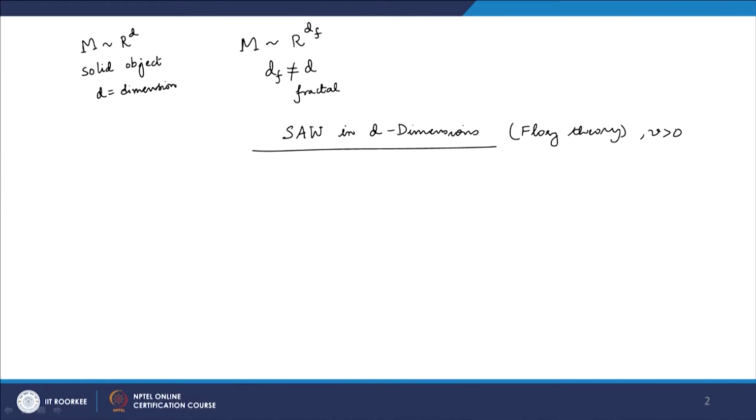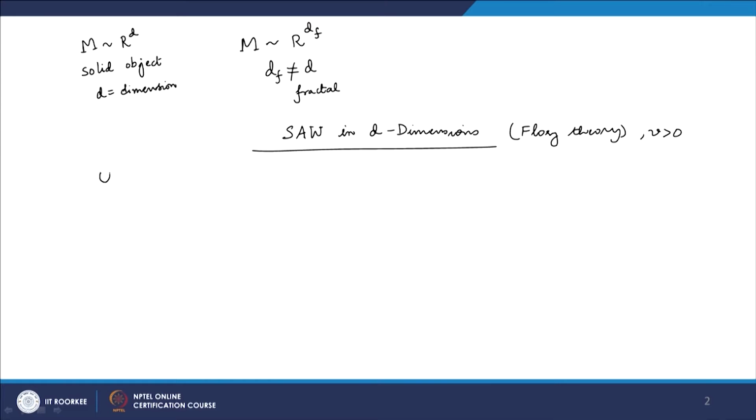Not all theories are of course done by Flory himself, but these basic assumptions are what is referred to as Flory theory in the literature. Let us look at the self-avoiding walk for the case of v higher than 0. If you recall, we look at the competition between the elastic energy and the two body interaction, assuming that the higher order interactions in concentration are smaller compared to the two body interactions.